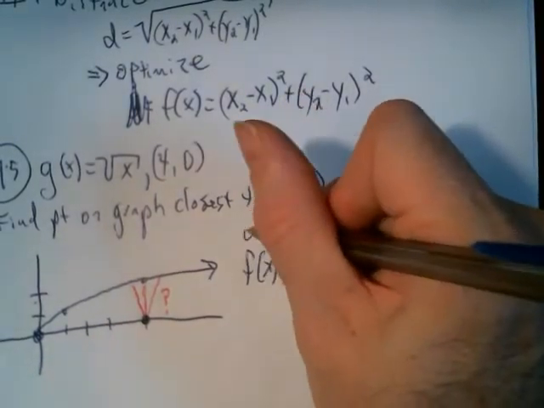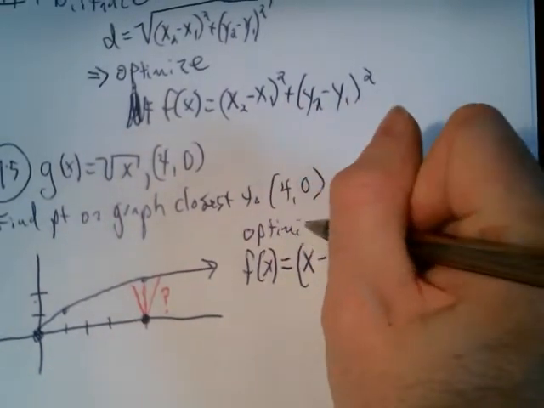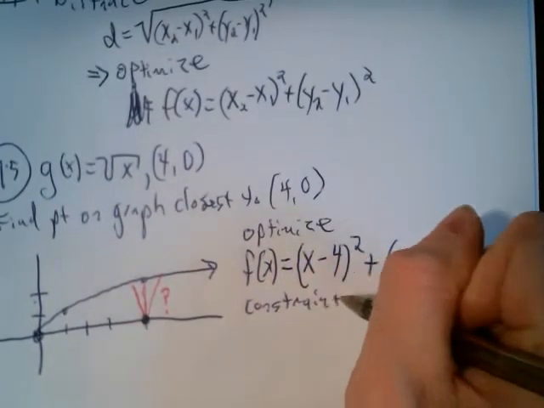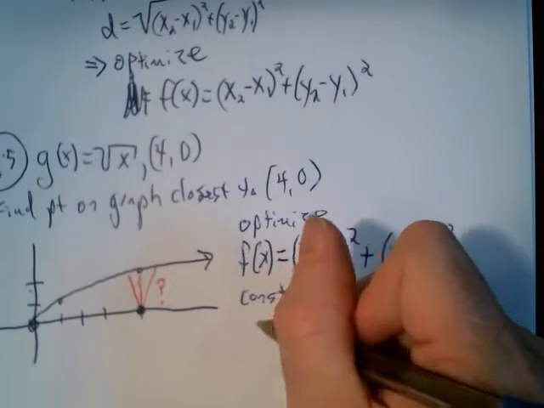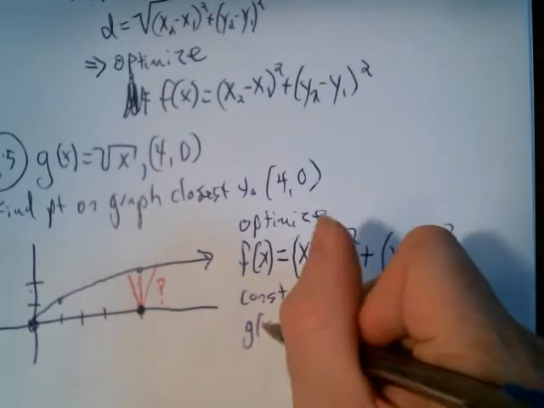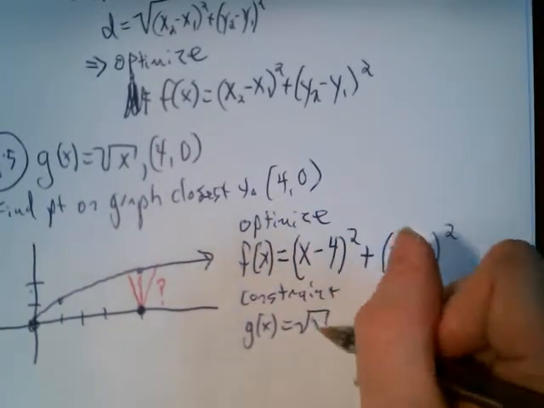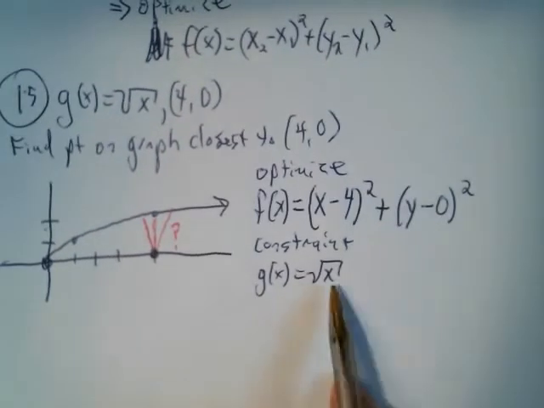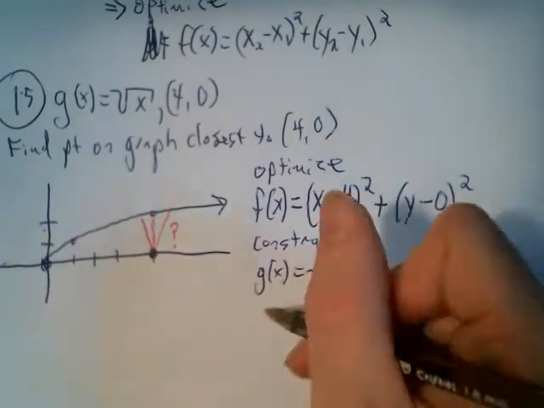So this is the formula we want to optimize. The constraint then allows us to simplify that formula. And the constraint is this g of x equals square root of x. Okay. So what we'll do then is just plop this into here, and we should be good to go.